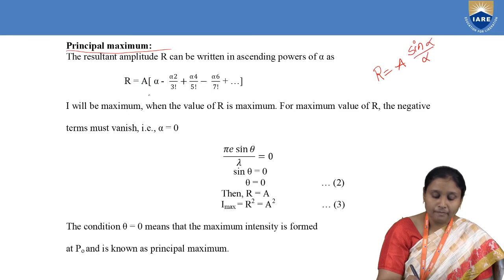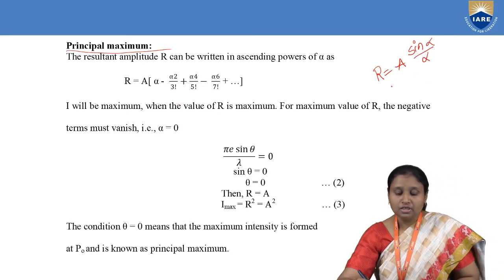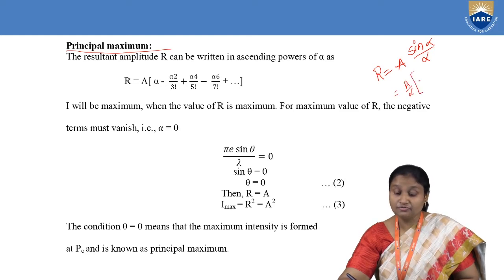Here, if I take A by alpha outside, how can I write this sine alpha? We know the expansion of sine alpha is alpha minus alpha cube by 3 factorial plus alpha to the power of 5 by 5 factorial and so on.